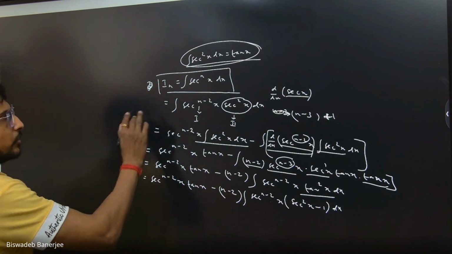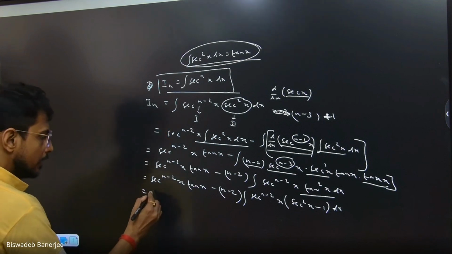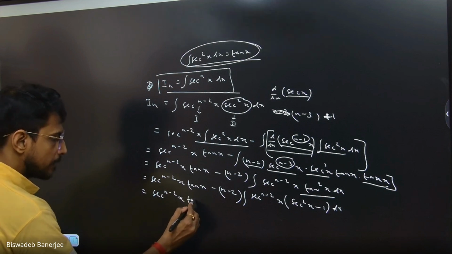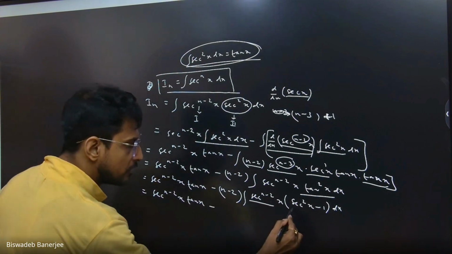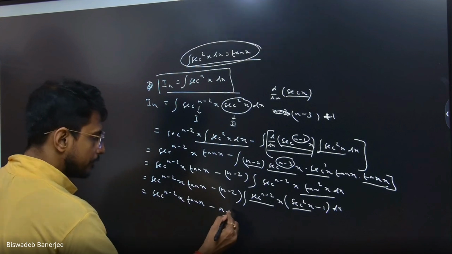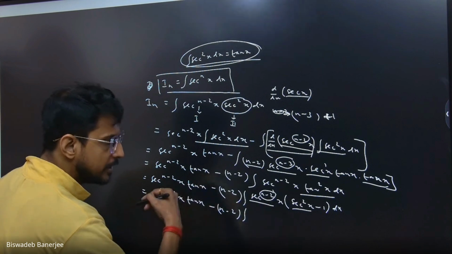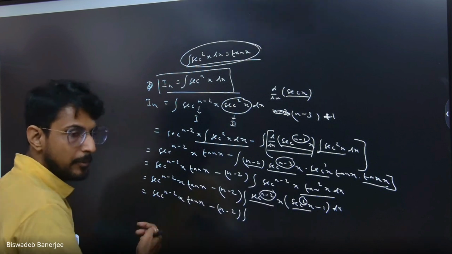On the left hand side, we have In. So this portion remains as it is. Minus, for this, multiply this with this. If we multiply, here my power is n minus 2 and here my power is 2. We know that we can add the powers.